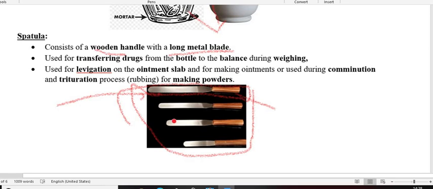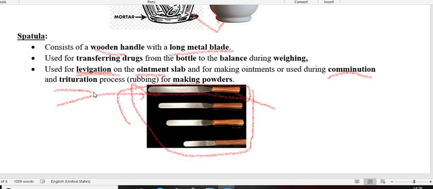What is the function of this? This helps in the mixing while preparing ointment, a process called levigation. Reducing the size by other processes is comminution, and trituration is the process of rubbing while making powder.